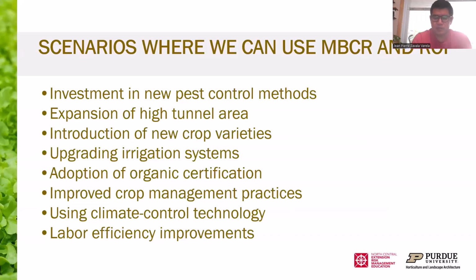In other words, we would like to know if the biological control agents are more or less profitable than the current methods of this operation. Other examples are expansion of high tunnel area, introduction of new crop varieties, upgrading irrigation systems, adopting organic certification, improved crop management practices, using climate control technology, or labor efficiency improvements.